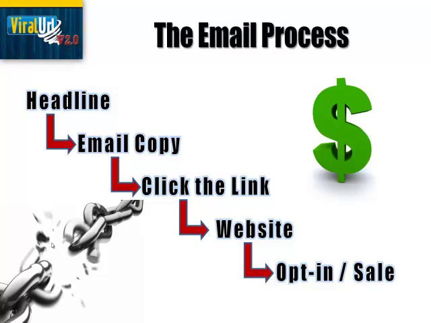And you get to do it on a regular basis. I mean, every 3 days. It's very powerful. So it gives you that ability to test 2 to 3 times a week different emails and different headlines, different copy.